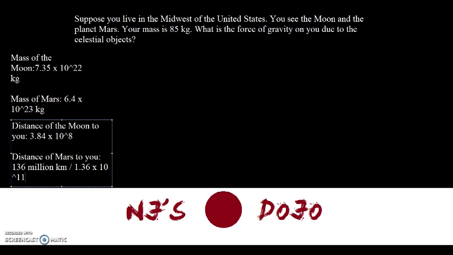Okay, so now that we've got these lacking variables, we can now solve for the force of gravity of the two celestial objects acting upon us. So first we begin with the moon.